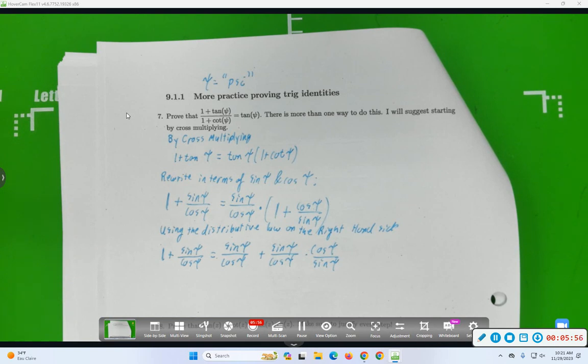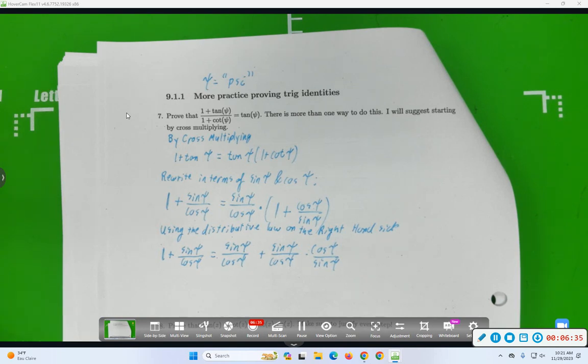What next? What just seems like something reasonable to do? So if you just saw this equation and I just told you to simplify this as much as you can, is there a simplification? Yeah. I see the same thing in the numerator and denominator.